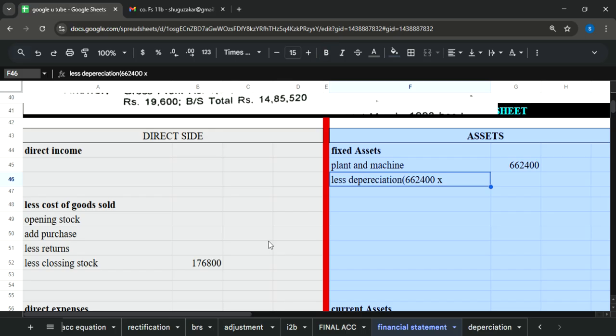So let's take 5%. Now let me know what was 6,62,400. What was that value of plant? And then you have taken 5% which was instructed in adjustment. So we have got the depreciation.